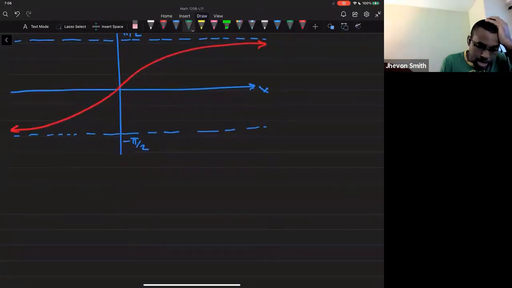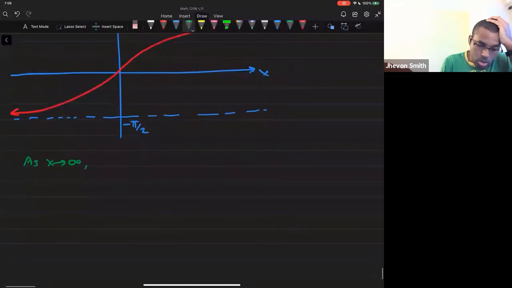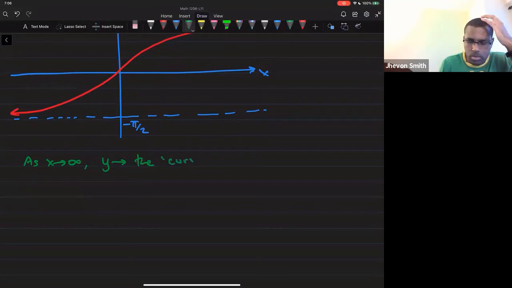Notice that as x approaches infinity, y will approach pi over 2. Let me rewrite it in a different way: y approaches the curve y equals pi over 2, which is a horizontal line.